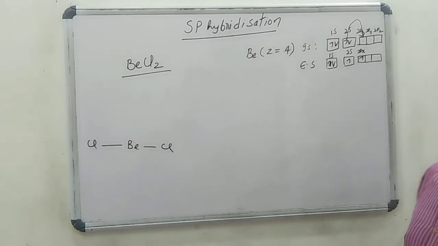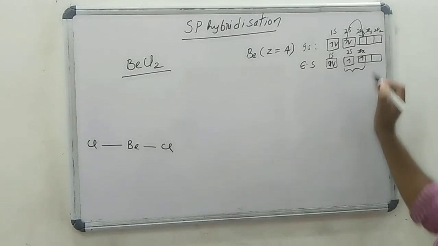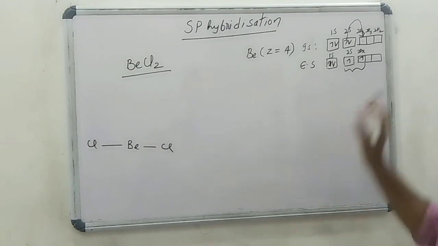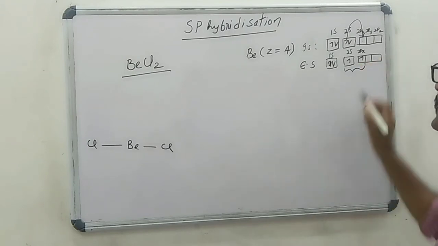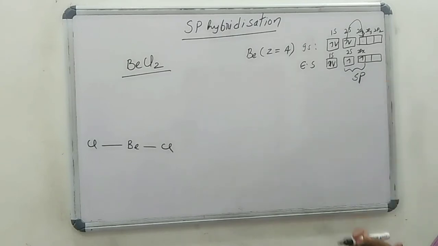Then this half-filled 2s orbital intermixes with the half-filled 2px orbital and forms sp hybridization.